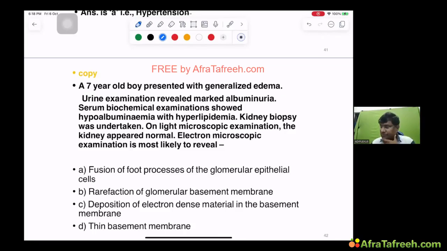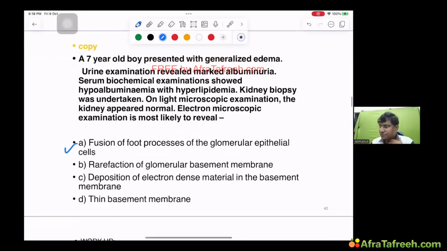Right, that is the fusion of the foot processes of the glomerular epithelial cells. That is A. And why is there fusion of the glomerular epithelial cells? That is loss of proteoglycan, that is heparan sulfate proteoglycan, right? So the answer is A.